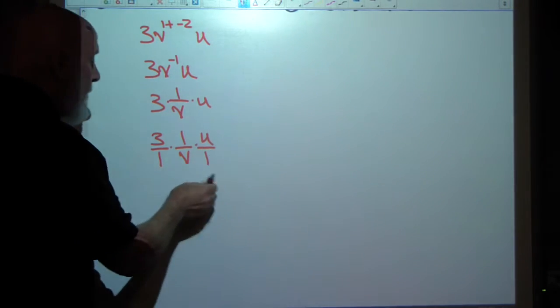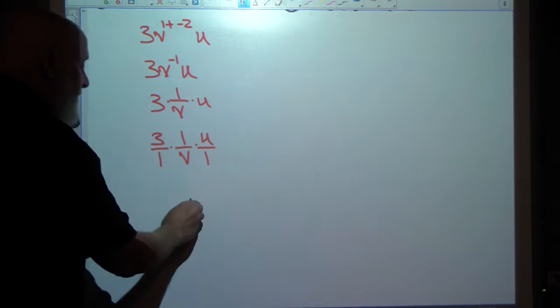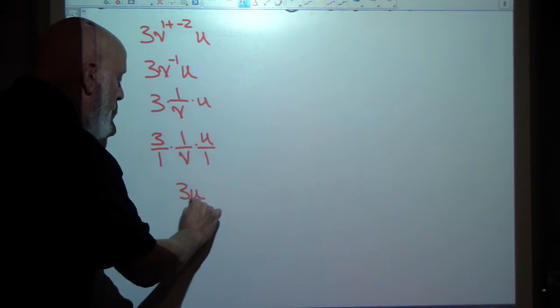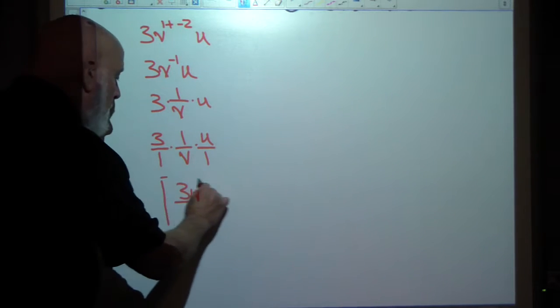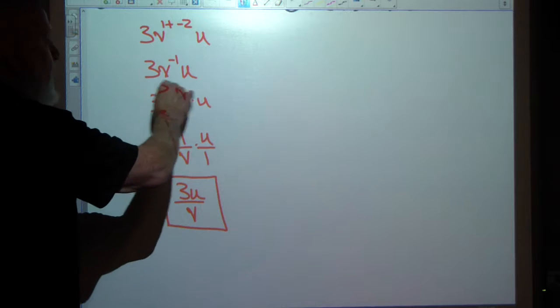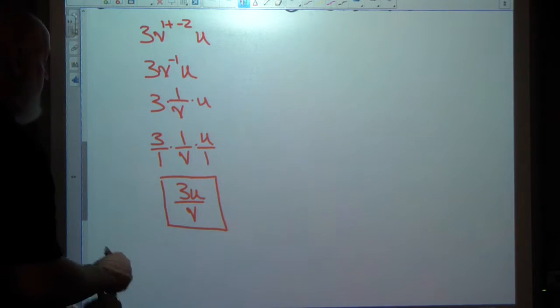You don't have to show this part, but here's why you can just put the 3 and the u in the top of the fraction, because 3 times 1 times u is 3u, and 1 times v is v. So, in other words, you can put a bar here and drop the v down and leave the 3 and the u in the top of the fraction.